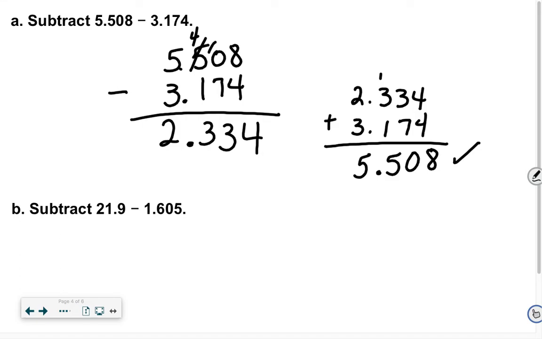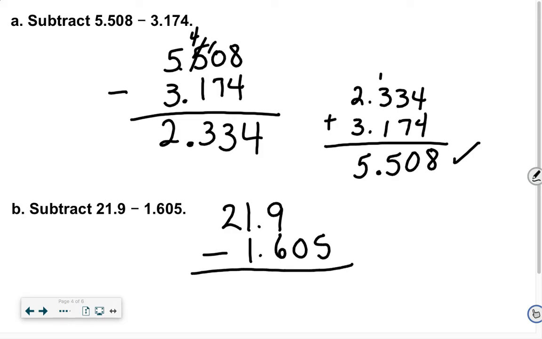Okay. So you subtract, it's doing something here. You're going to subtract this one. So I have 21 and 9/10 minus 1 and 605 thousandths. What do I do?